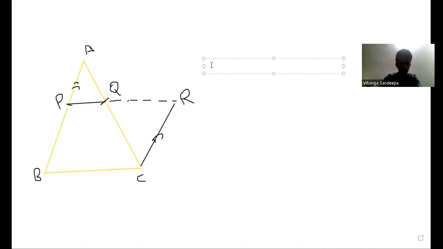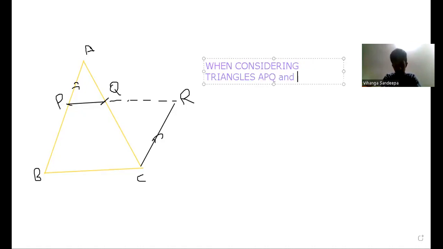So now I will write down, when considering triangles APQ and QCR, we have to show both are congruent.